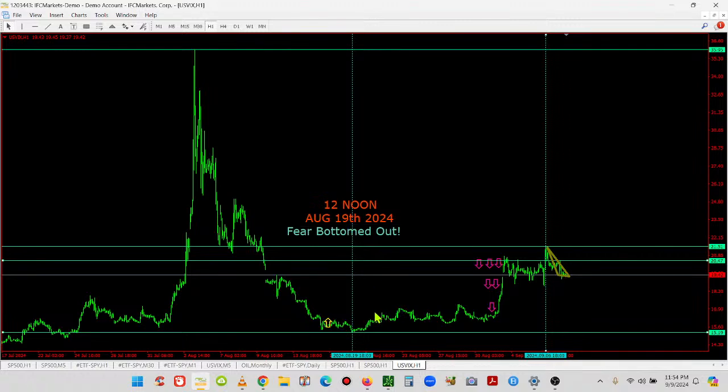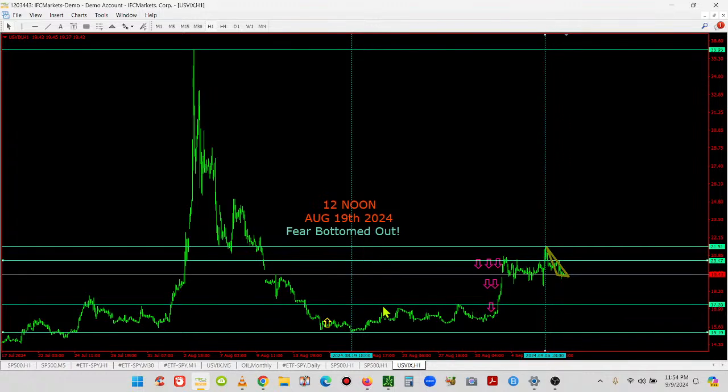So that's what happened. It took a little time for the VIX to build momentum to break through and get into like a bullish pattern.